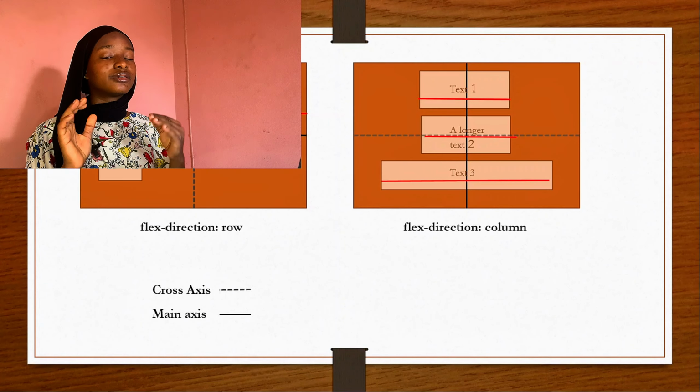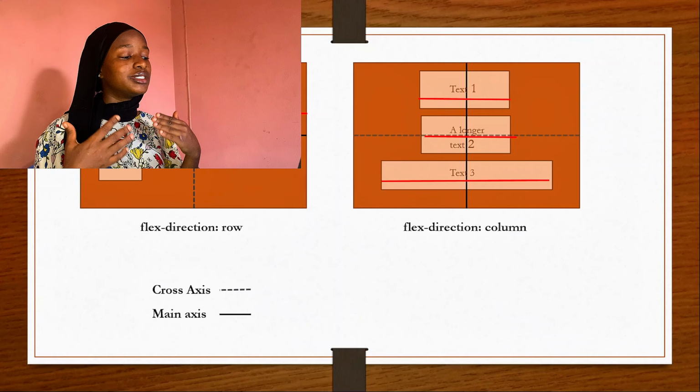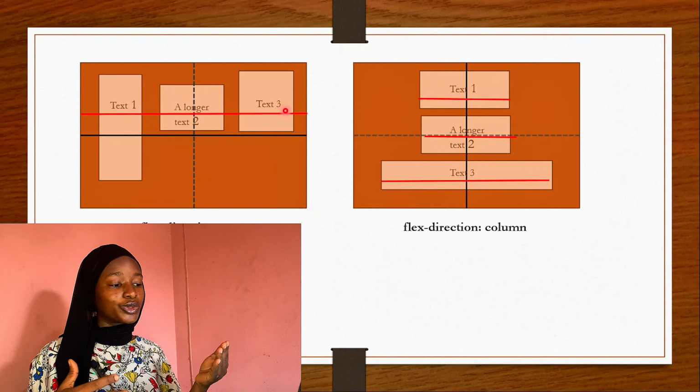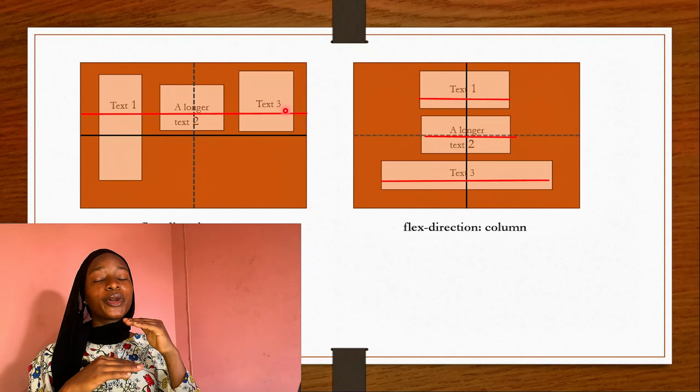But for the flex direction of column, it's a little different. The baseline is horizontal, and so is the cross axis, so the baselines are going to be parallel to each other. Instead of joining together just like the row, they're going to be right on top of each other. So that is align-items baseline.